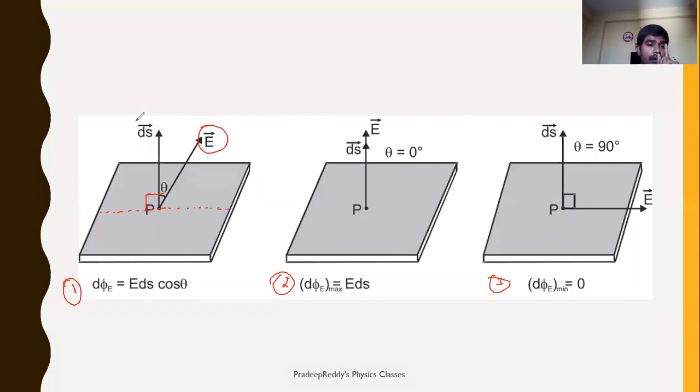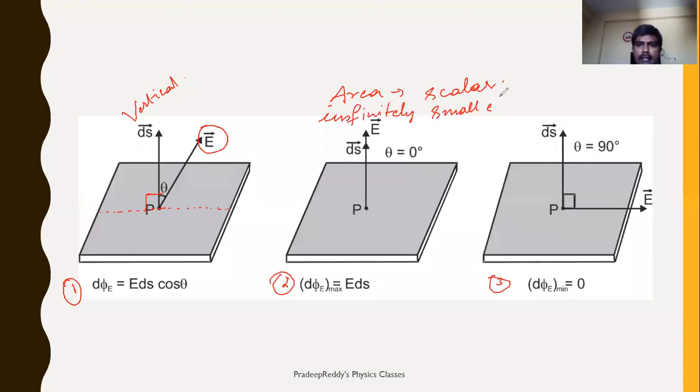One more thing you need to understand here is that the total area is a scalar quantity, but an infinitely small element of area is a vector quantity.